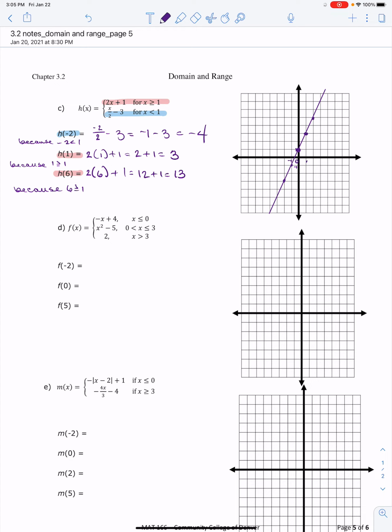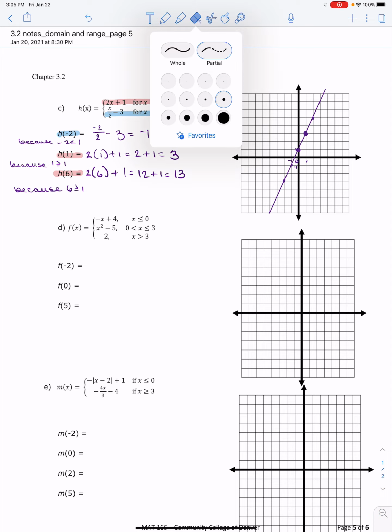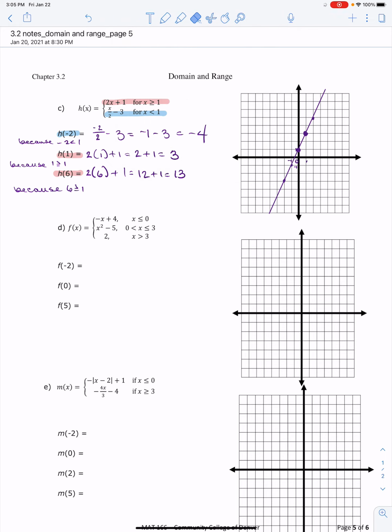Okay. Now, this is only, I can't think of the grown-up word. Defined, sorry, for x greater than or equal to 1. So at 1, we've got this point right here. So let me be very careful so I don't erase the whole thing. Means this part of the line here does not exist.